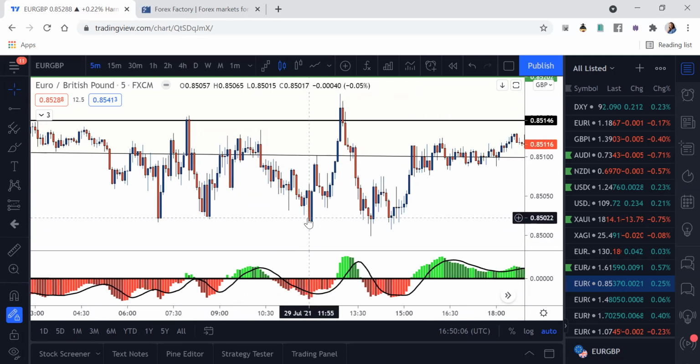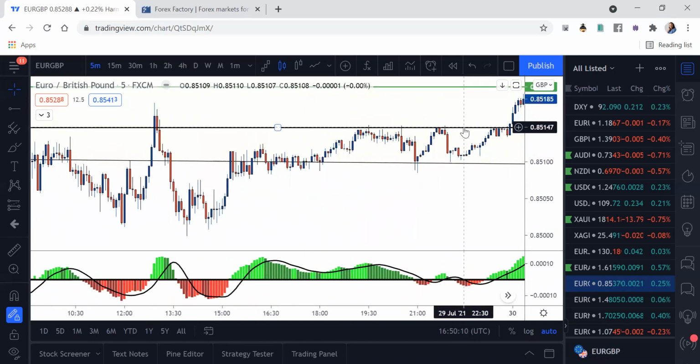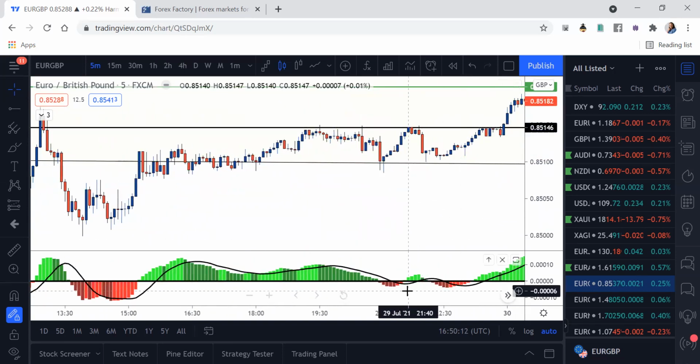So which one were we looking at? We were looking at this movement here, crossing over. You would have gone in somewhere around here, in this zone. Right? And then from there, you will set your stop loss.